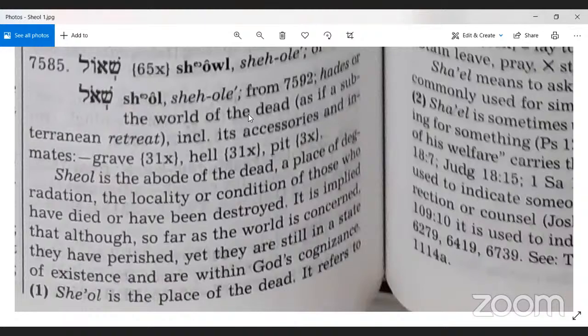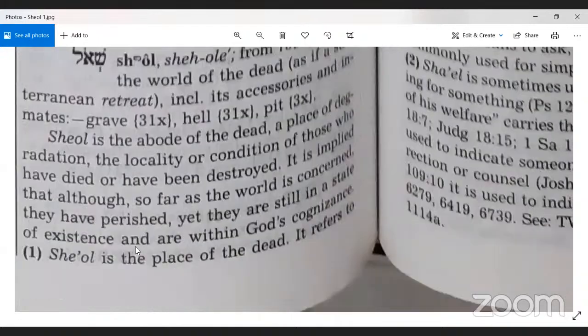Hades, the world of the dead. Okay, the world of the dead, the implication is these dead people are still in a state of existence. So they're not really dead, right? And then we see conjunction and.